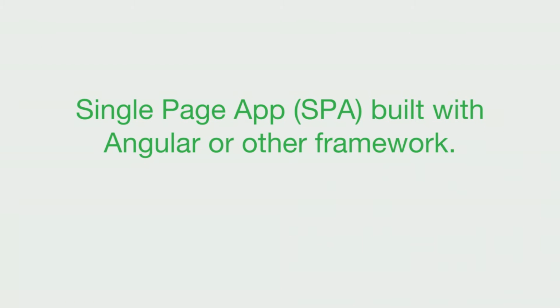Okay. So the next one I want to touch on is a single page app. A single page app is what you get when you build something with Angular, or with React, or with Ember, one of the other JavaScript frameworks.